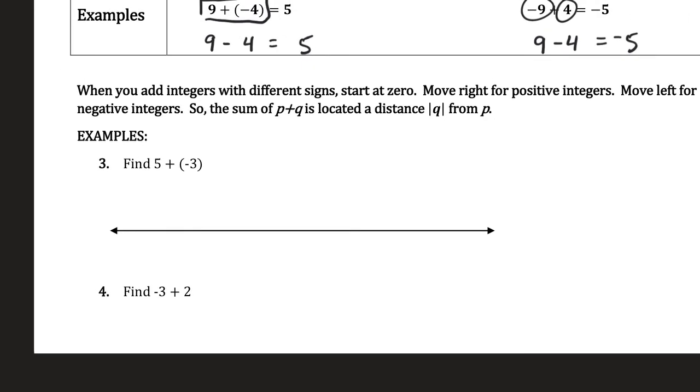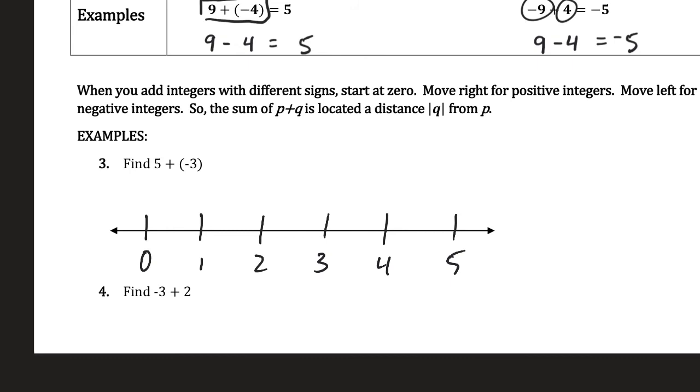Let's try one with a number line. This says find 5 plus negative 3. Okay, 5 plus negative 3.